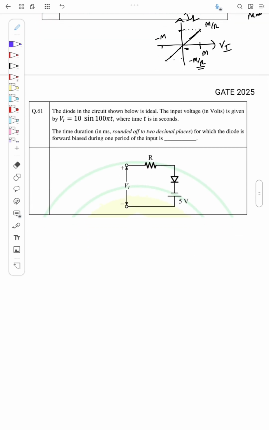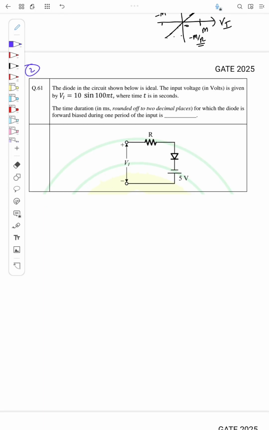And see the next question, question 2. Again it is from GATE 2025. The question is, the diode in the circuit shown below is ideal. So this is the diode. The input voltage is given by Vi equal to 10 sine 100 pi t, where t is in seconds.